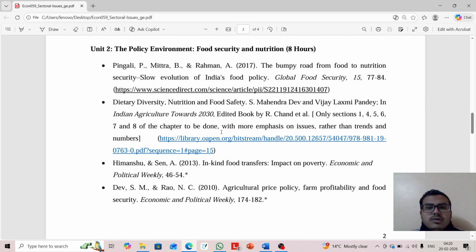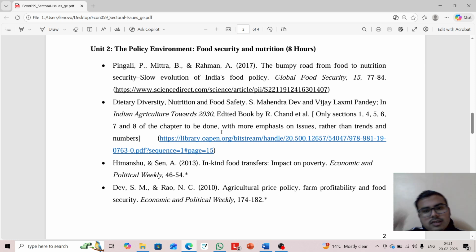So the first paper that we study is on the bumpy road from food to nutrition security, the slow evolution of India's food policy, by Pingali P, Mitra B, and Rahman A in the year 2017.